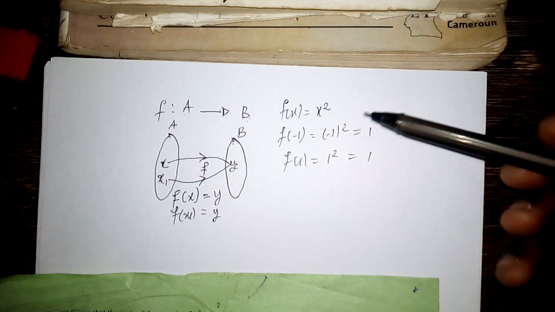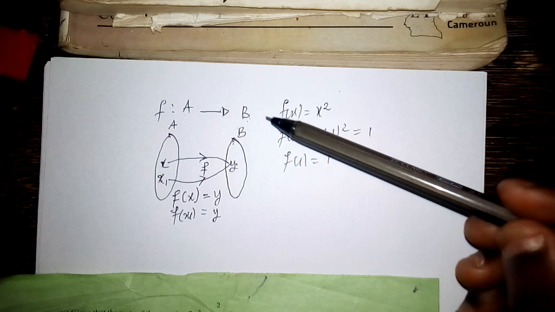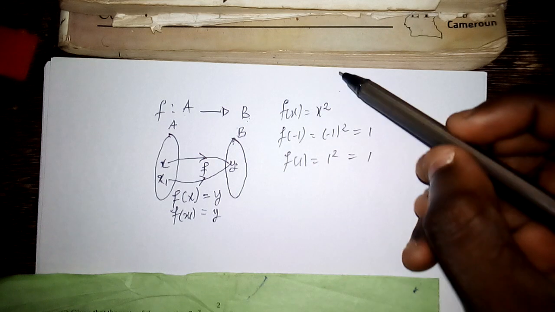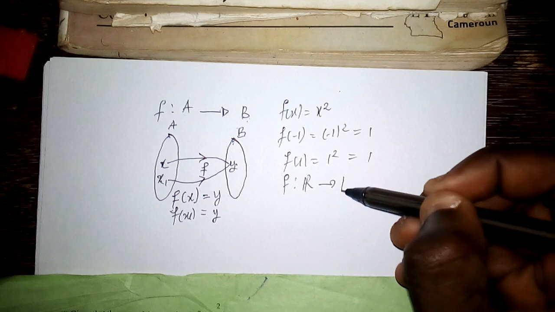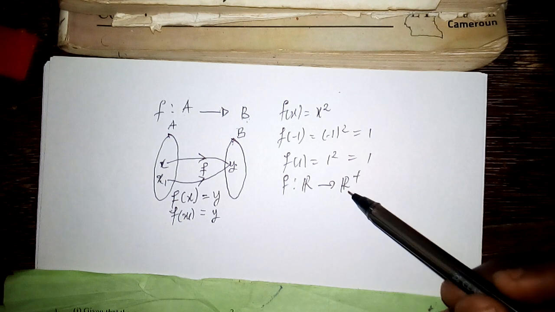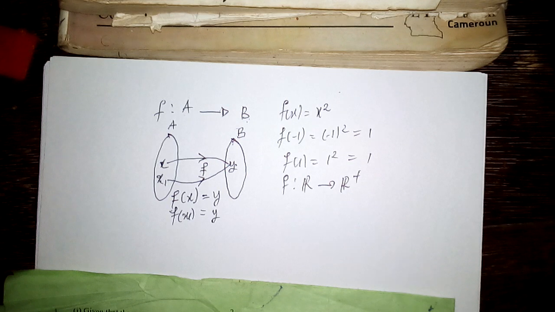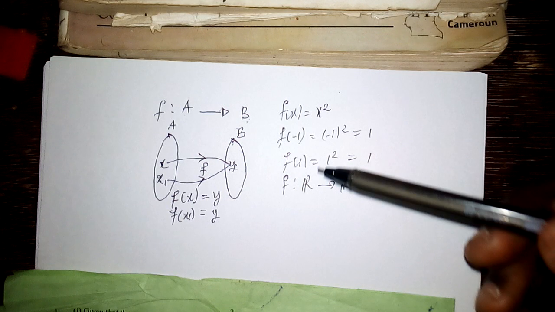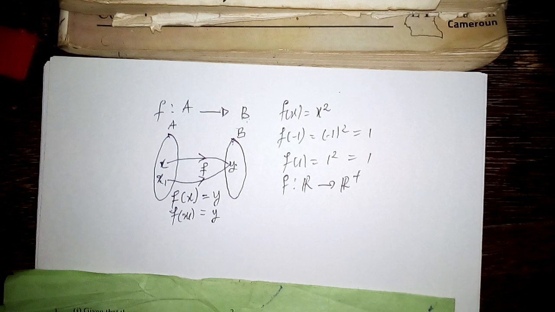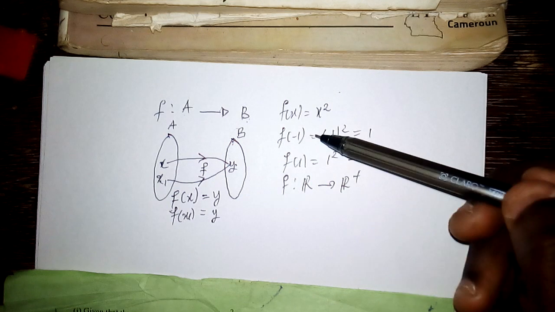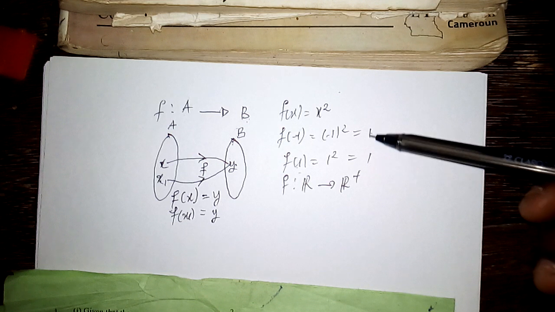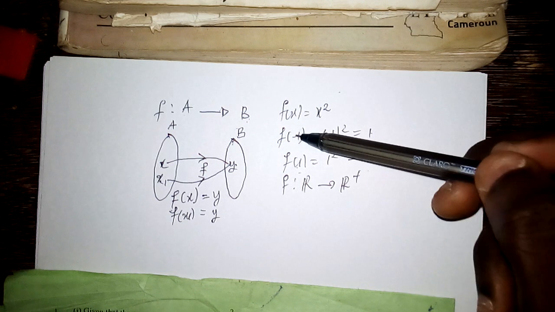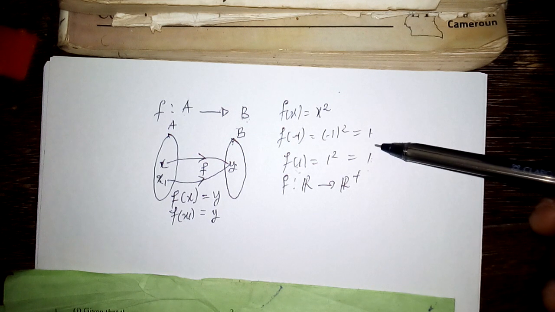So the two elements negative 1 and 1 are in the domain of the function, because this function f of x is defined from ℝ to ℝ plus. ℝ is the domain and ℝ plus is the range, meaning where it lies. It is always positive, lies above the x-axis. So I have two different elements here, but at the end they have the same image. So that is a many-to-one relation.